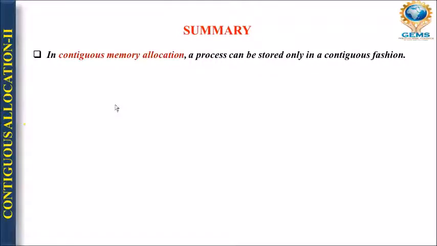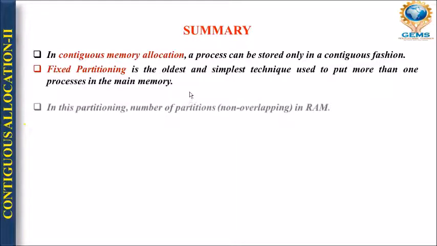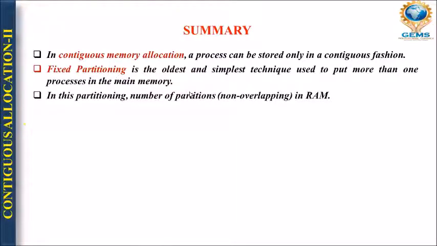Okay, so let's talk about the summary. So in continuous allocation, the process is stored in a continuous fashion, as I have already told you. Fixed partition is also known as the oldest and simplest one, which is used for putting several processes in the memory at the same time. In this partitioning, basically partitions are not overlapping each other, right?